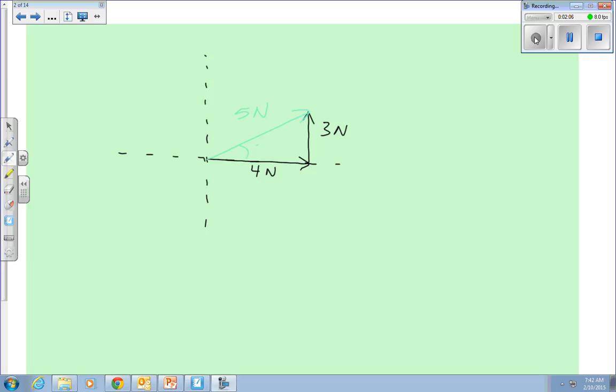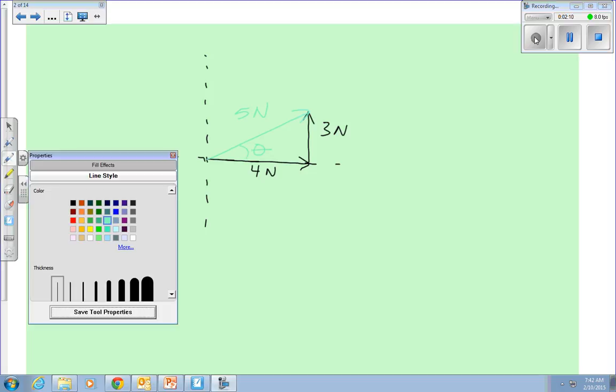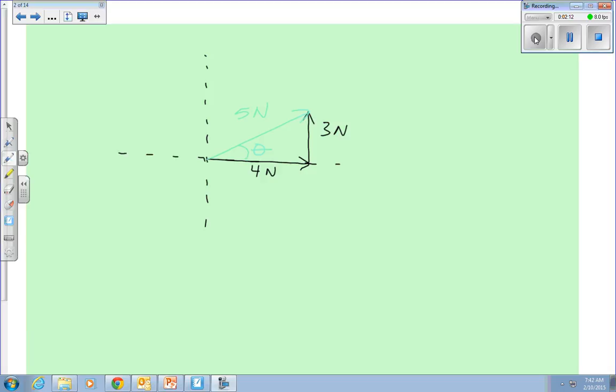And we would need to find this angle. It's not a very good color for this screen. Let me change that real quick. That angle would equal the inverse tangent of the opposite side, which would be the 3 newtons, over the adjacent side, which would be the 4 newtons.